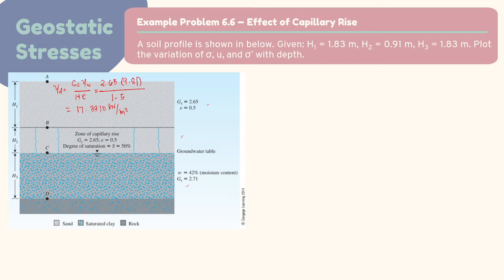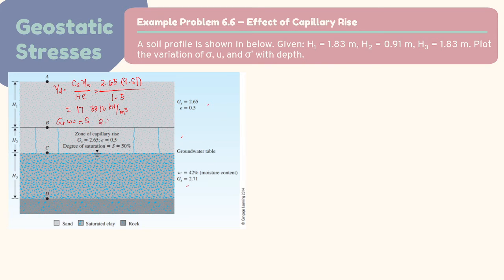But before we can do that, we'll have to determine the corresponding moisture content at 50% degree of saturation. So we'll use the formula specific gravity times the moisture content is equal to the void ratio E times the degree of saturation.